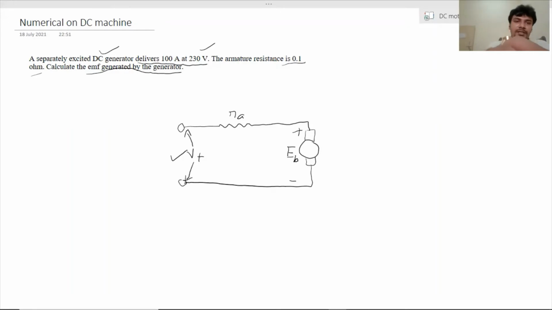And what is the second thing? It delivers 100 ampere. So if connected to a load, the current flowing in this is 100 ampere. Now you can write the equation of KVL in this loop. Very well, you can write it like this: EB is equal to VT plus IA RA.